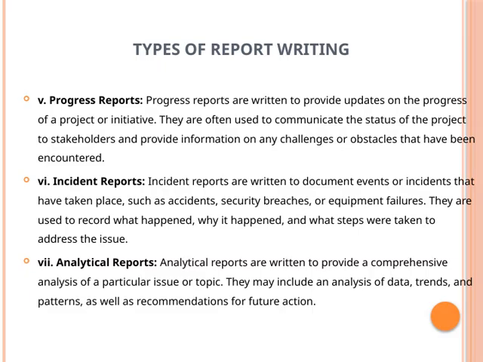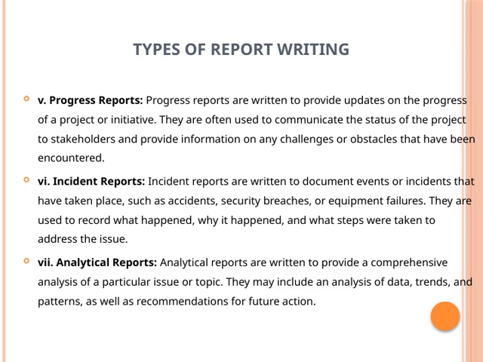Now, let's look at some different types of report writing that are commonly used in various professional settings. First, we have progress reports. These are essential for providing updates on how a project or initiative is moving forward. They help keep stakeholders informed about the current status and highlight any challenges or obstacles that might be slowing things down. Clear communication here is key to maintaining transparency and ensuring everyone is on the same page.